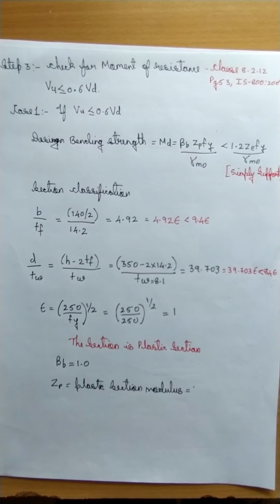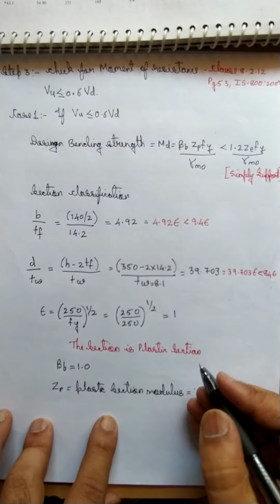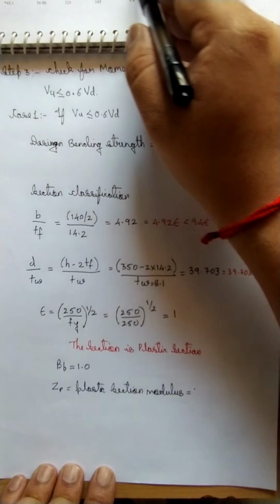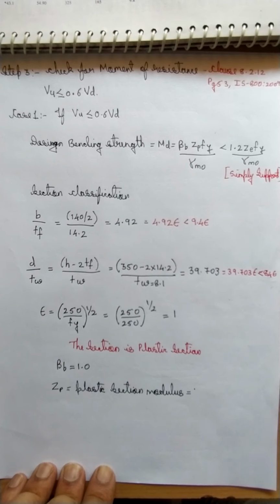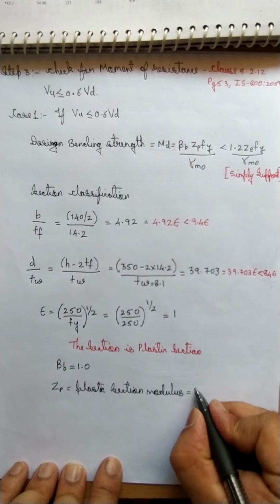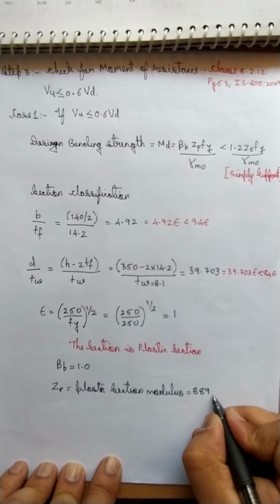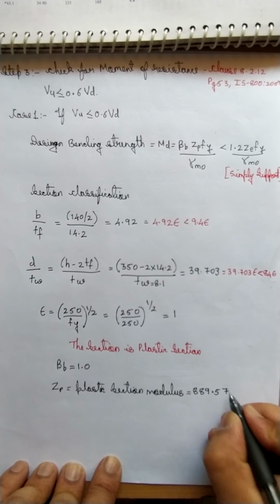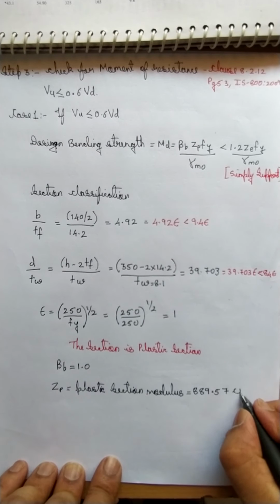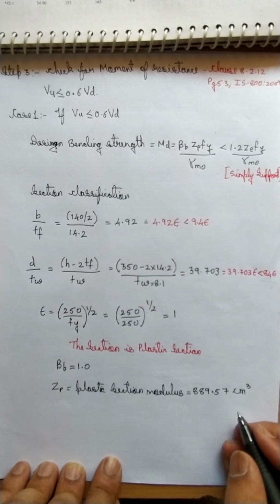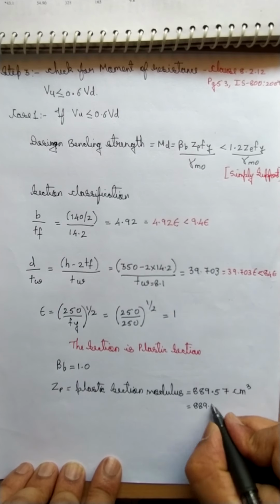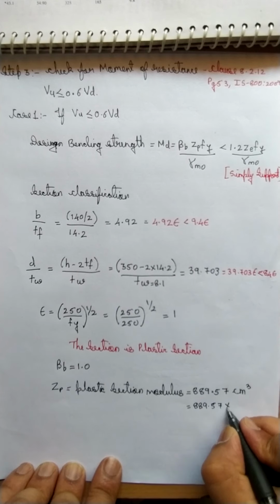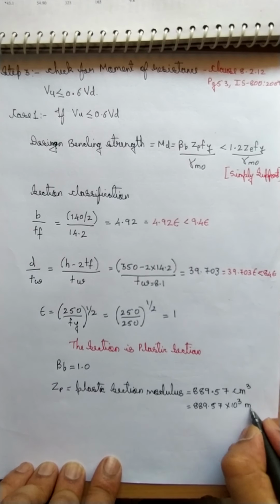So I will write the value, which is 889.57. This is in terms of centimeter cube. So what I will write is 889.57 into 10 raised to 3 mm cube.